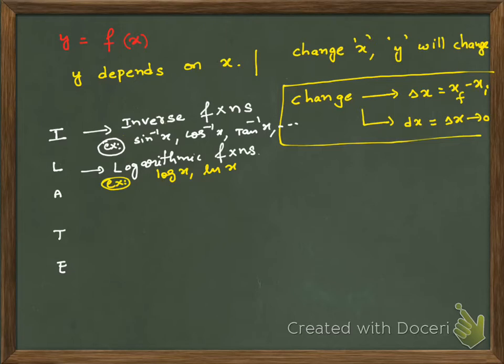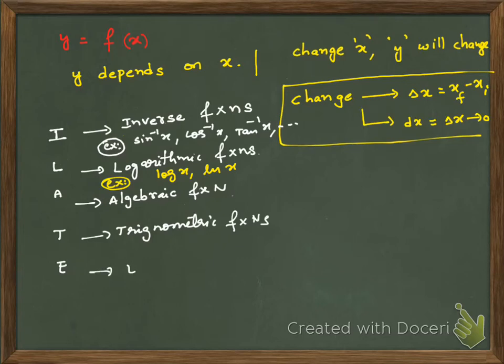And if I take algebraic functions, A represents algebraic functions, T represents trigonometric functions, E represents exponential functions.